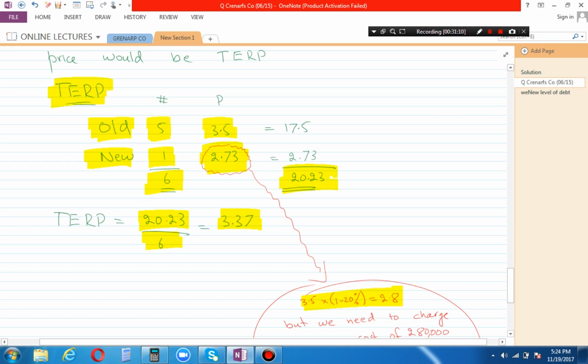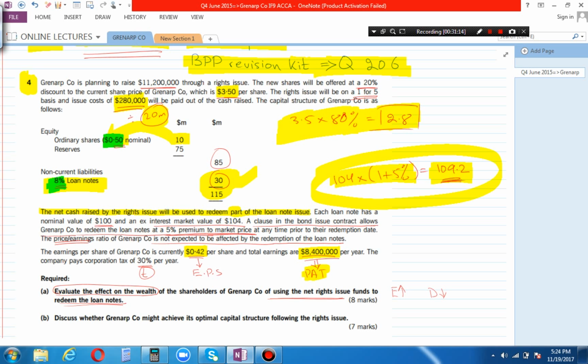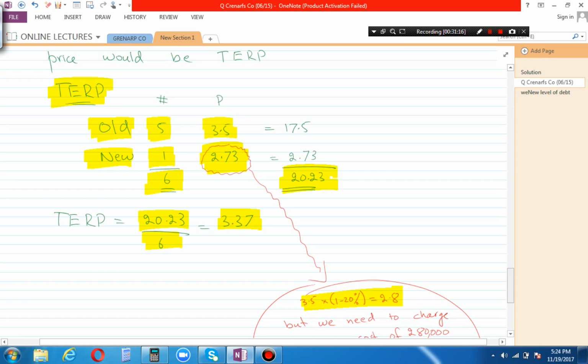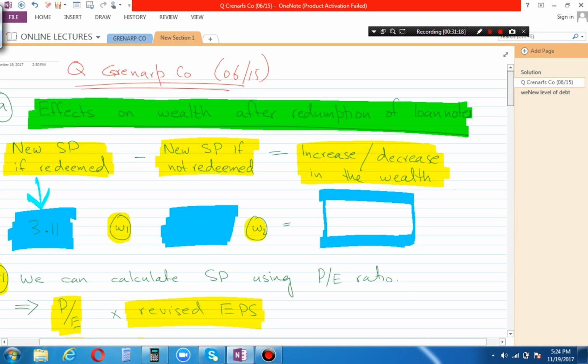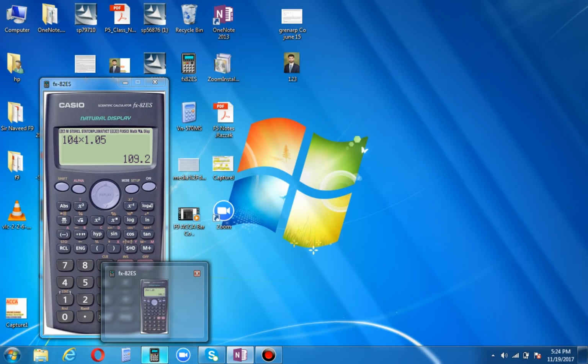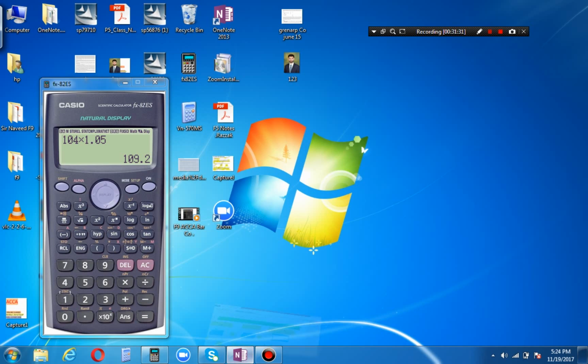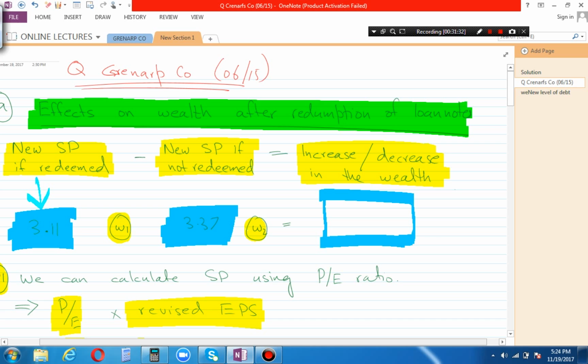So if you do not redeem it, the share price would be 3.37. If redeemed, the share price would be 3.11.